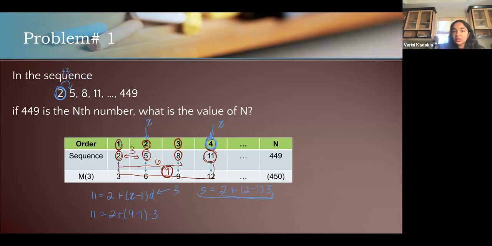So the way you'd look at this problem is that you get 5 based on what position it's at. So 5 is at position 2, right?